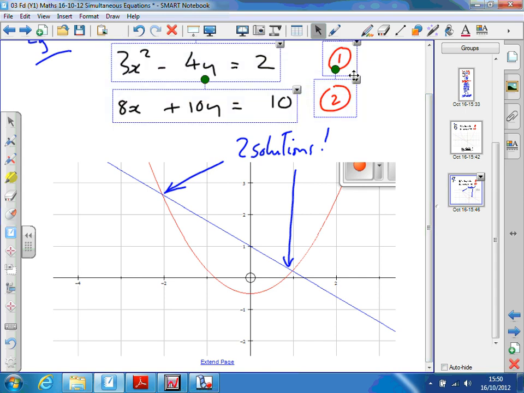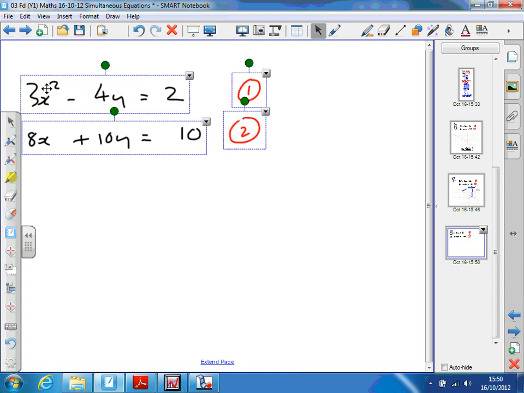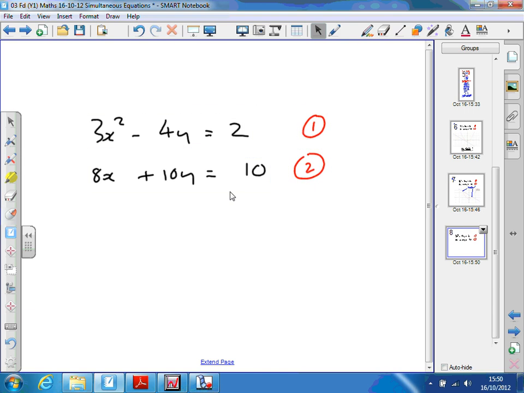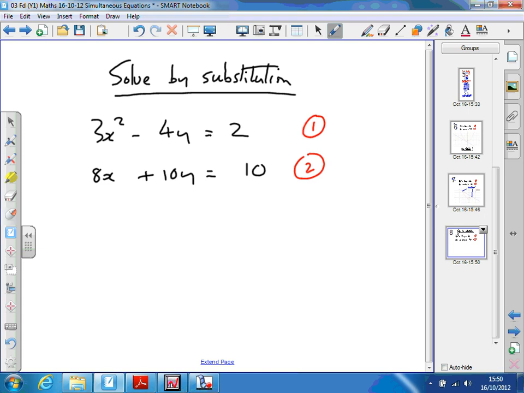So let's take these two and have a go at them. Solve by substitution. What I'm going to do is rearrange equation 1 to get y on its own.